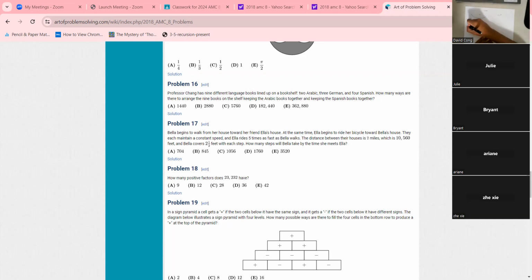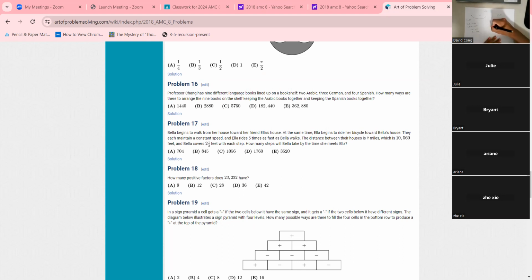So knowing this, we can substitute to get 5 Bella plus Bella, which is 6 Bella. And just by doing division here, you get 1,760. So we know that's how many feet she's walked, but they asked how many steps Bella will have walked.